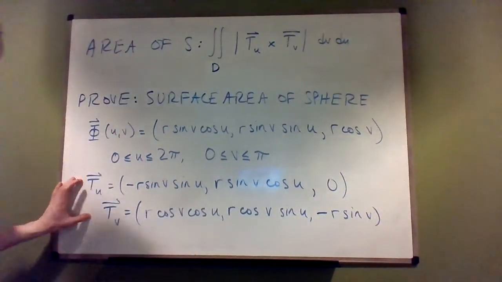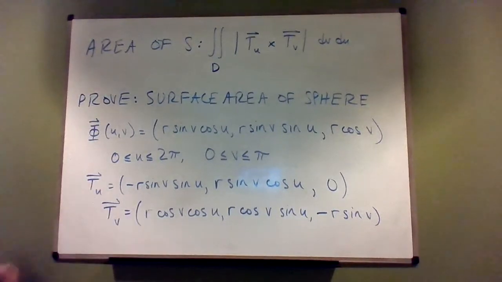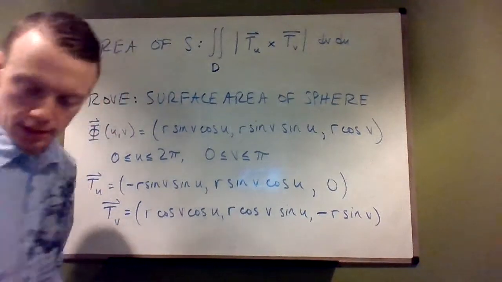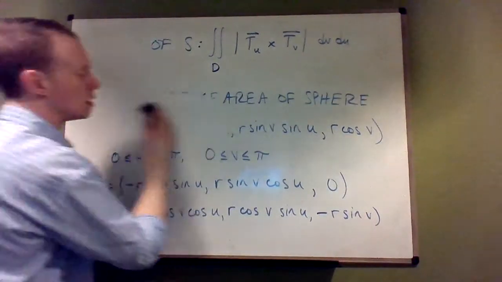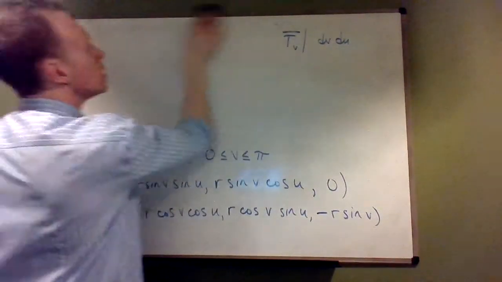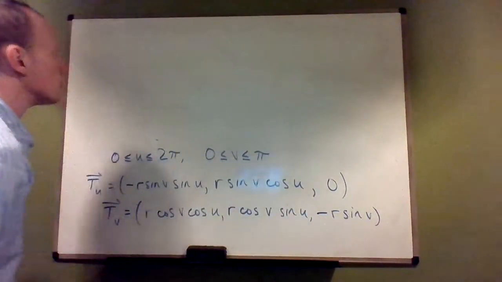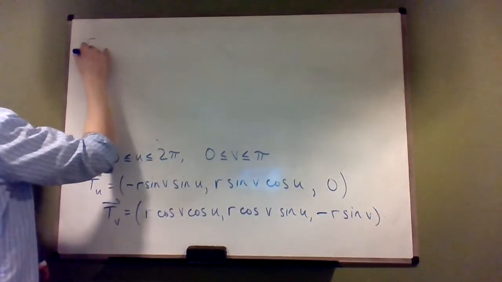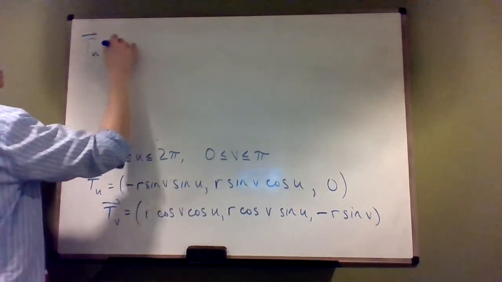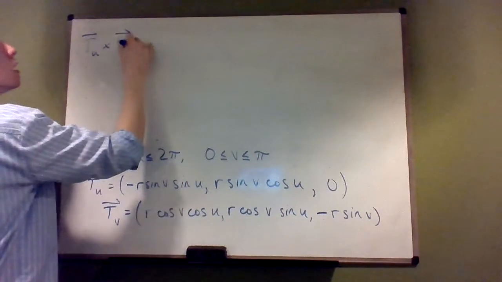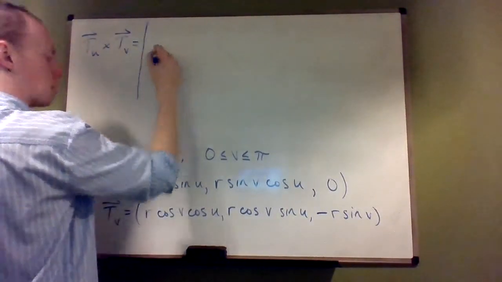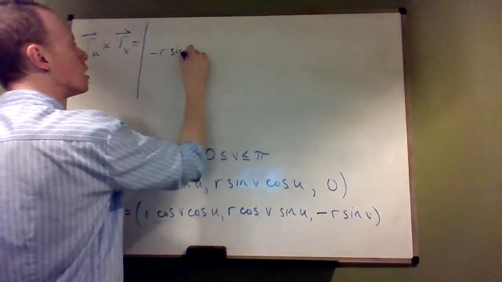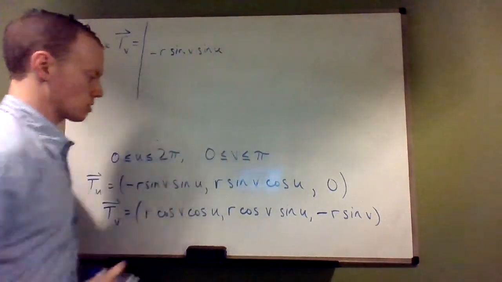So these are the two partials that we need. We're now going to take the cross product of these two vectors. Just going to rewrite all this here.